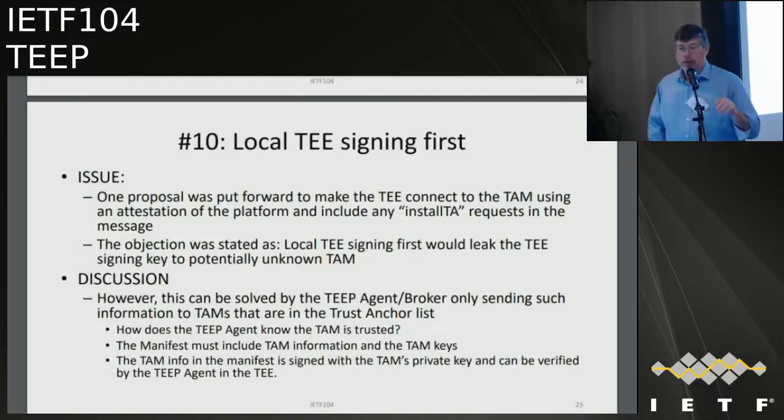The discussion here is that no, you don't have to do that. You can make some decisions locally in TEEP based upon your manifest and the TAM key to make sure that that's within your trust anchor. So I think we can resolve that. I'm for saying, install TA is the message. I think we'll have some more discussion on that.